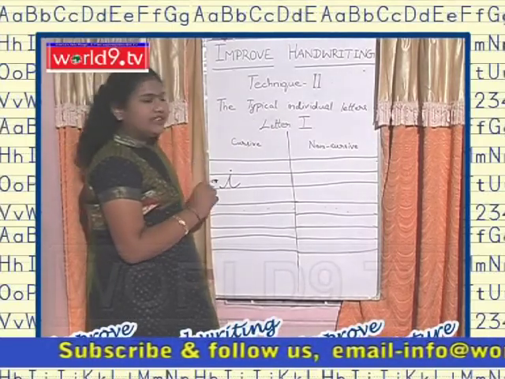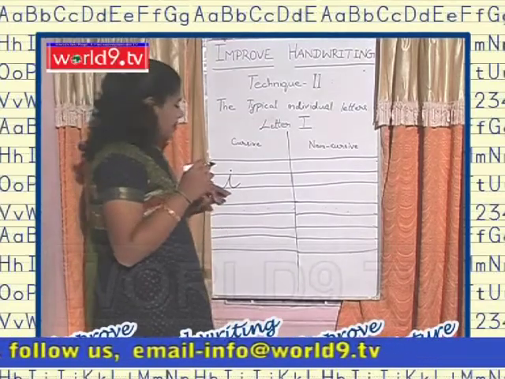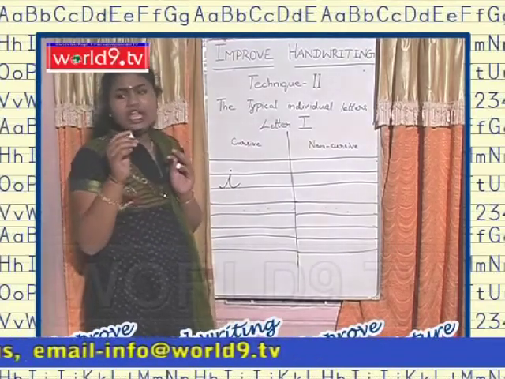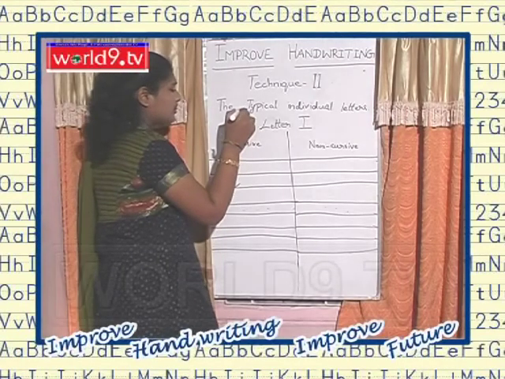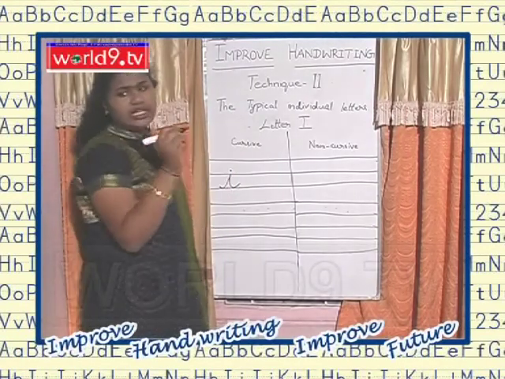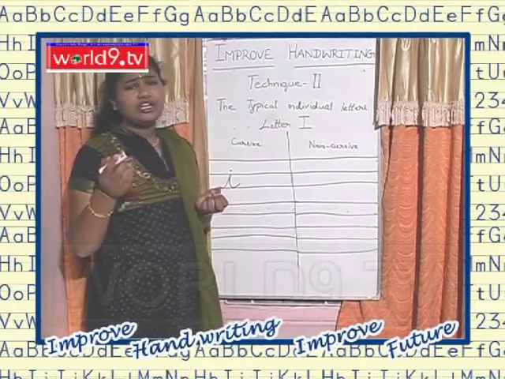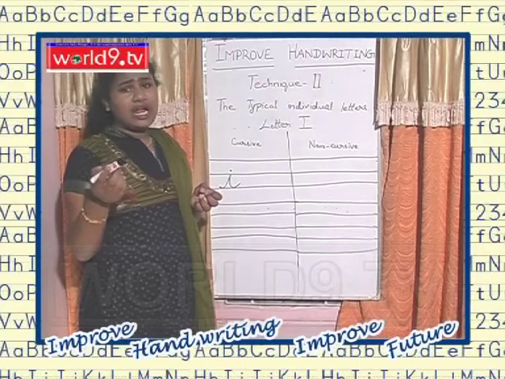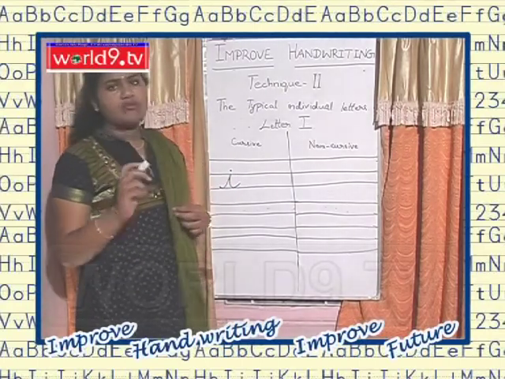For your convenience I put the dot big for seeing and understanding, but you should not keep that big a dot. You should keep just a single, very small dot.